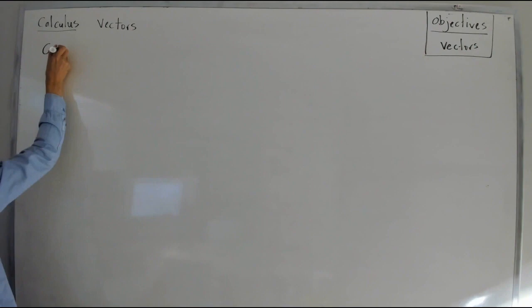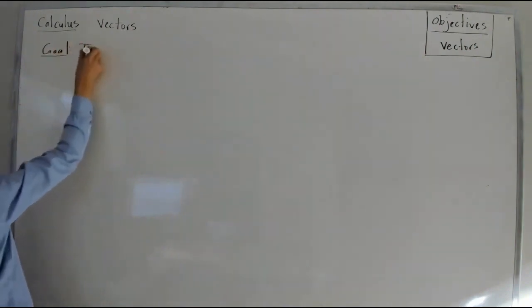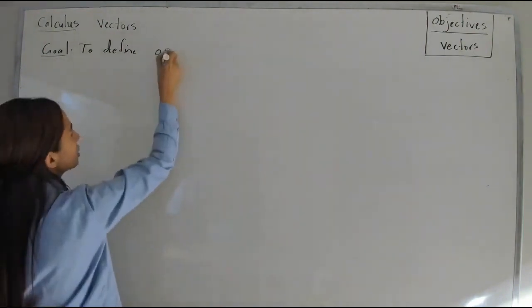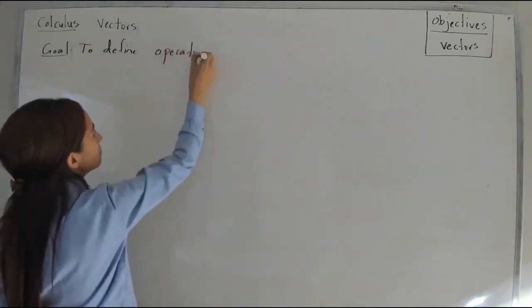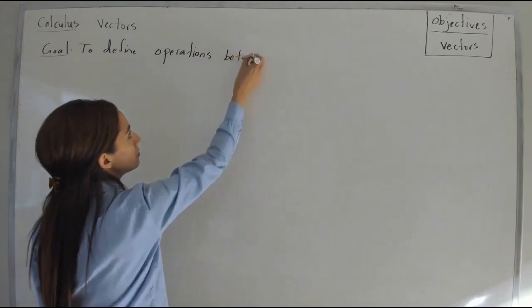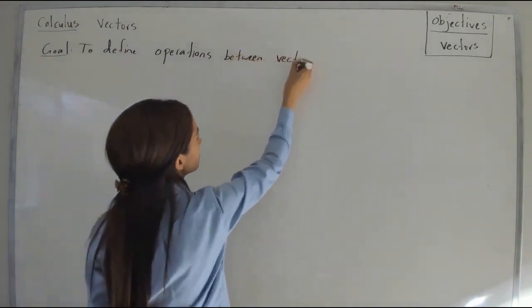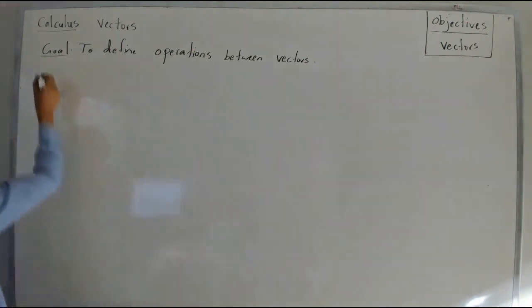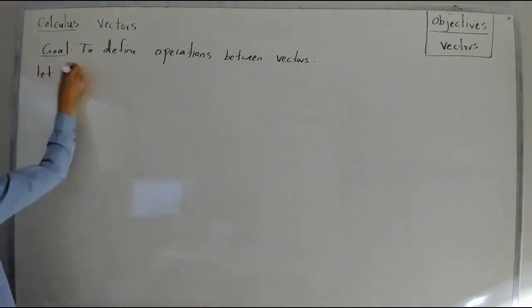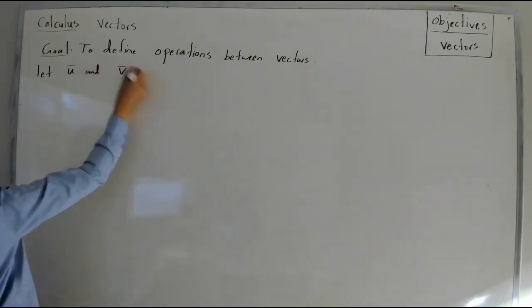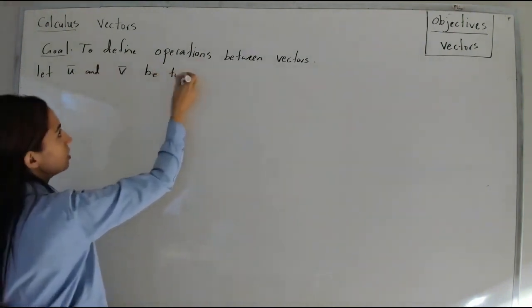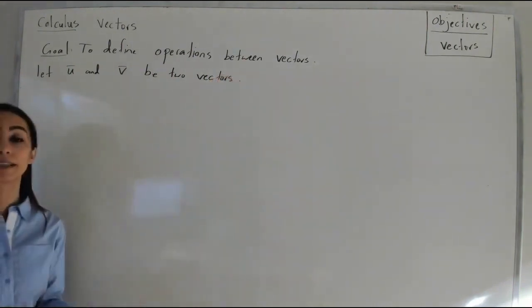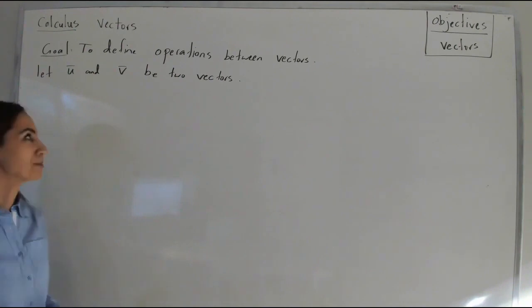Our goal is to define mathematical operations between vectors. So suppose you have two vectors. Let u and v be two vectors. First of all, we can take these two vectors and add them together.